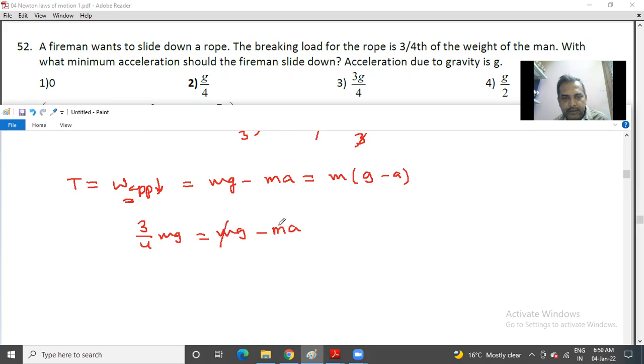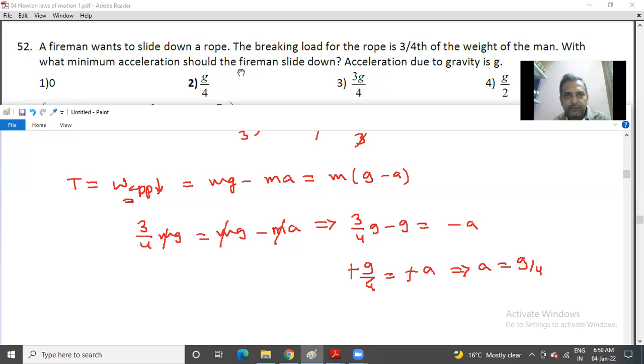Next, you can cancel m on both sides of the equation. So take g to the left side: 3 by 4 g minus g is equal to minus a. This will be 3g minus 4g, so minus g by 4 is equal to minus a. Cancel the negatives on both sides. So a is equal to g by 4. So the minimum acceleration of the fireman is g by 4. Second option is correct.